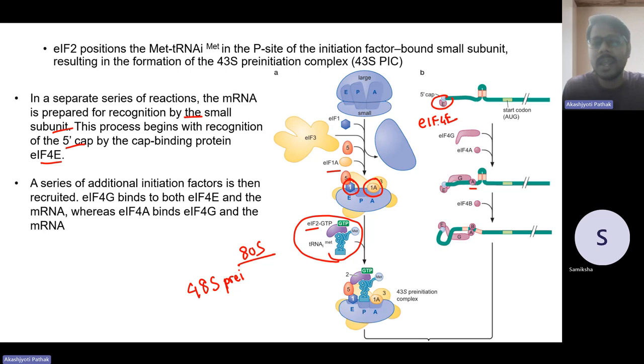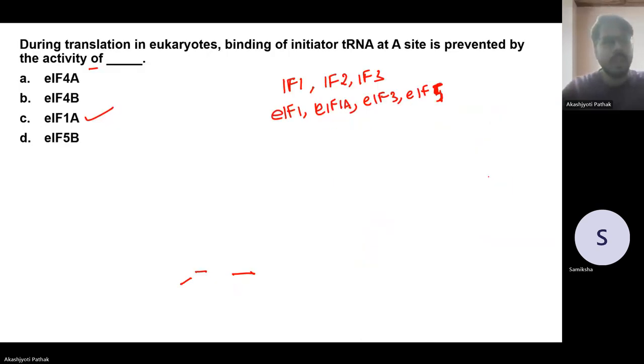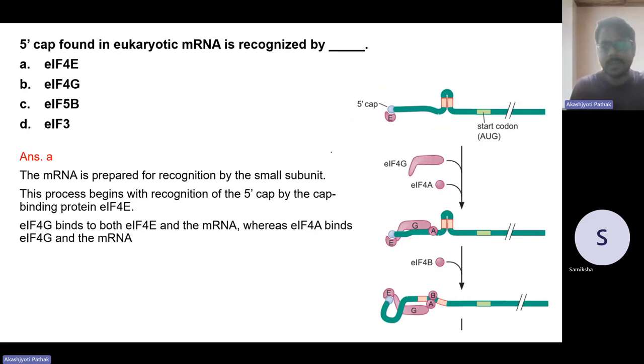So you see here eIF4E. eIF4E recognizes the 5' cap, and following this eIF4G comes and binds to eIF4E and the mRNA, and after this eIF4A and eIF4B come. Okay. So yes, the answer is this same figure.